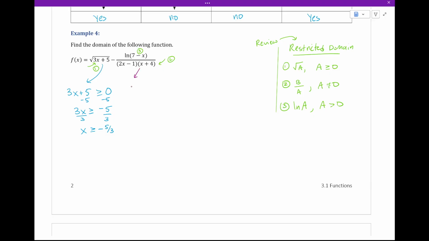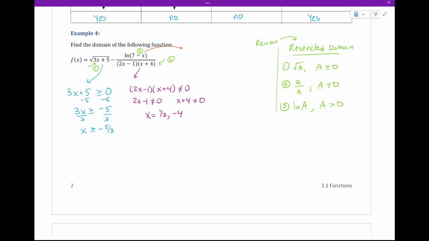This one, 2x minus 1 and x plus 4 can't be 0. That means x can't be 1/2 or negative 4. X can't be either of those values.